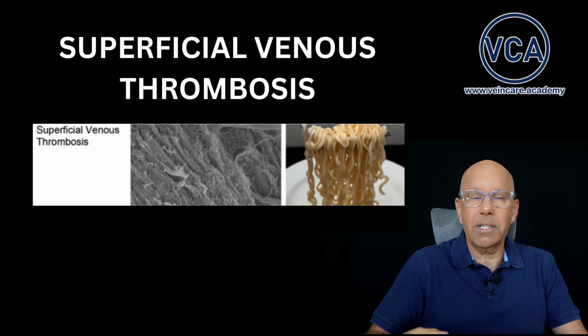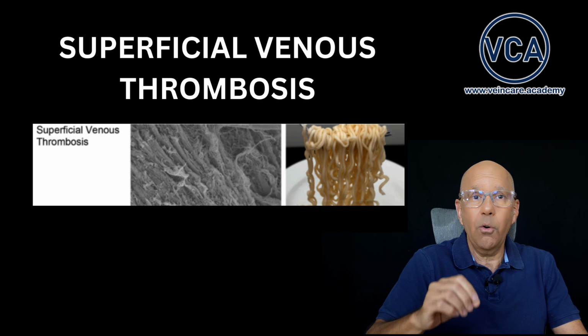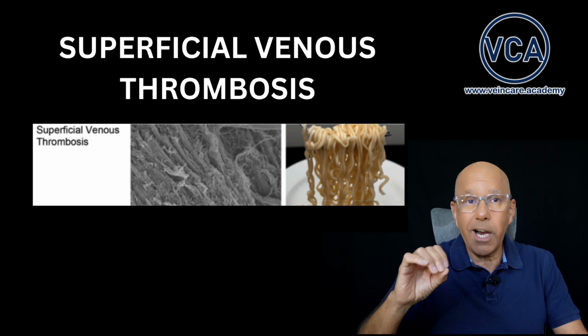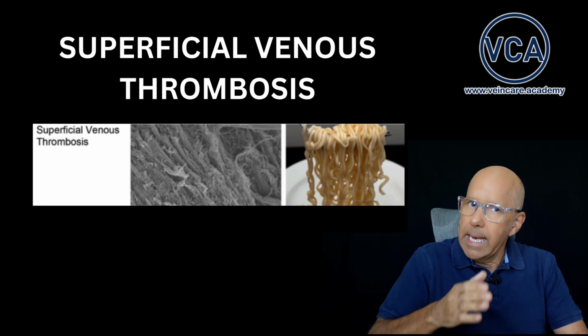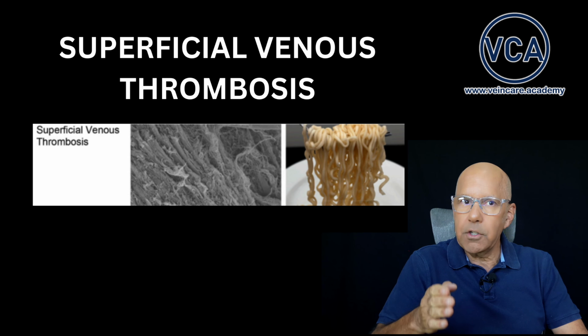Finally, let's look at the true acute superficial venous thrombosis, SVT. SVT is characterized by a linearly oriented, smooth, tightly packed fibrin mesh, the Noodles. It's a propagating clot, often triggered by inflammation. This is the evidence for our first question.